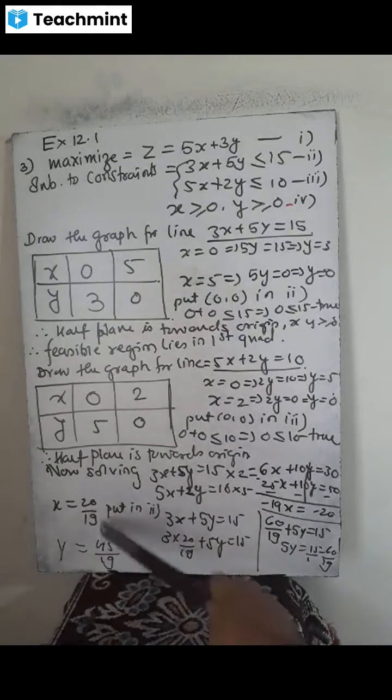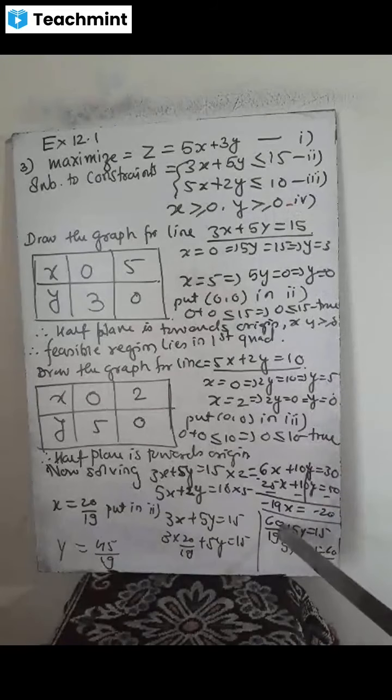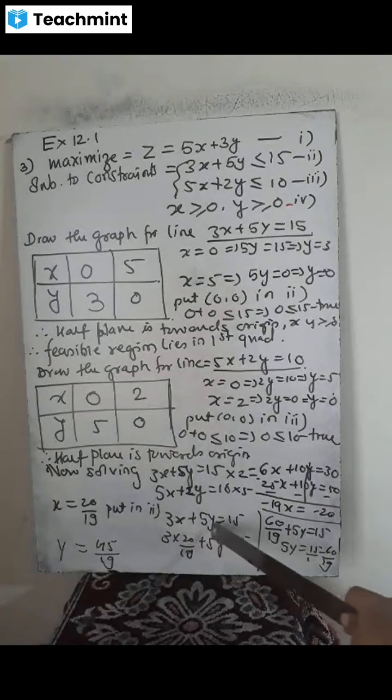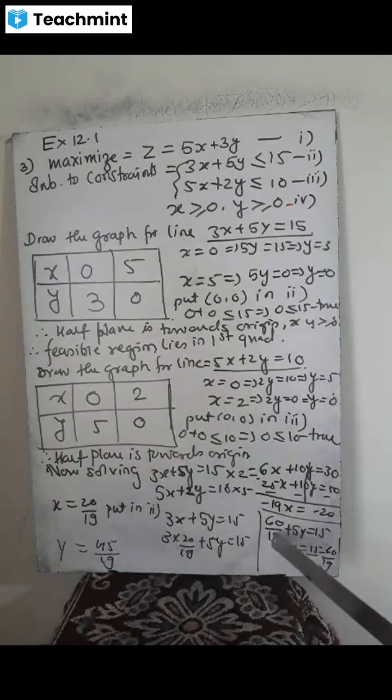Now putting x = 20 by 19 in equation 2, 3x + 5y = 15. So 3 into 20 by 19 plus 5y equals 15. 3 into 20 is 60 by 19, plus 5y equals 15. So 5y equals 15 minus 60 by 19.